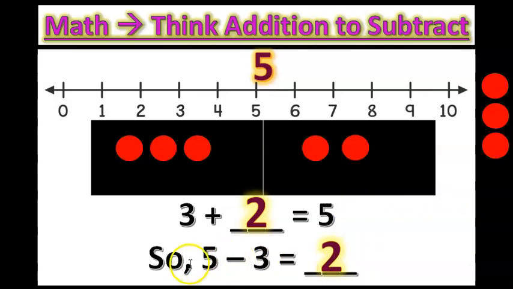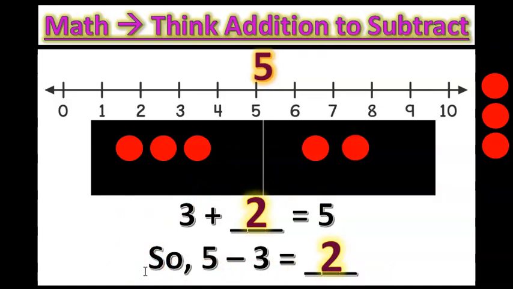Now let's read it together. Here we go. 5 minus 3 equals 2. Let's read it again. Say it with me. 5 minus 3 equals 2. And both our equations are complete.